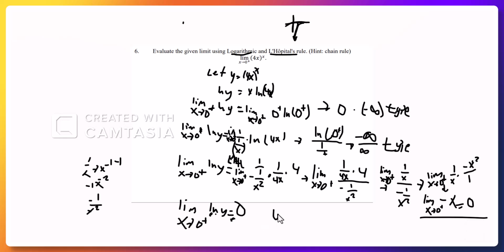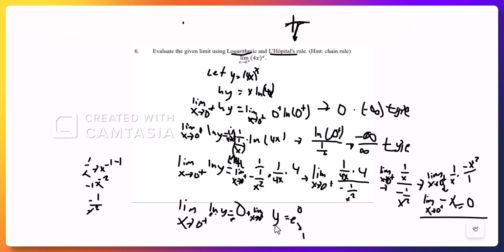So it's going to be y. The limit, I'm going to put an arrow here, as x approaches 0 from the right side equals e to the 0 power. This is just going to equal 1, because e to the power of 0 is 1.